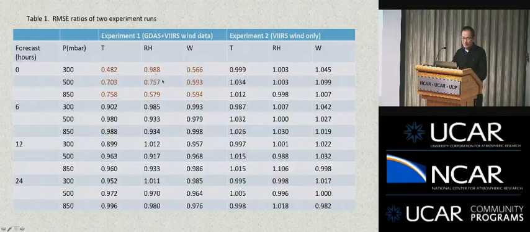But this improvement will decrease. It's very limited. If we check the 6 hour forecast, 12 hour forecast, and 24 hour, it's almost close to 1, 95% or more than 95%.